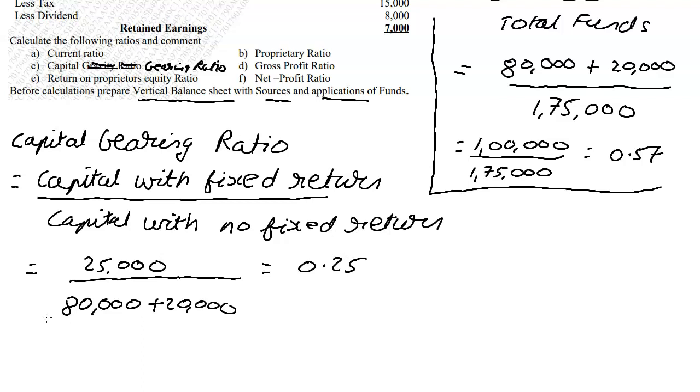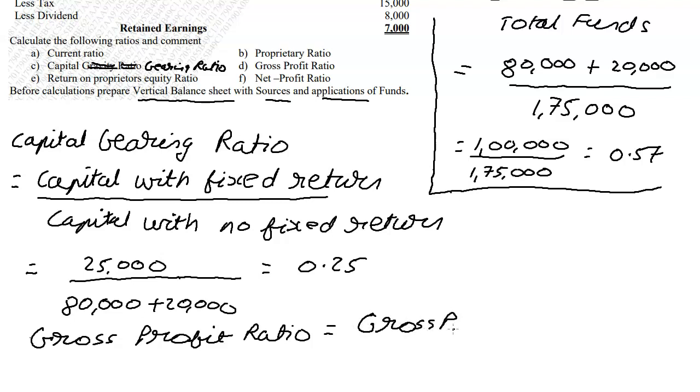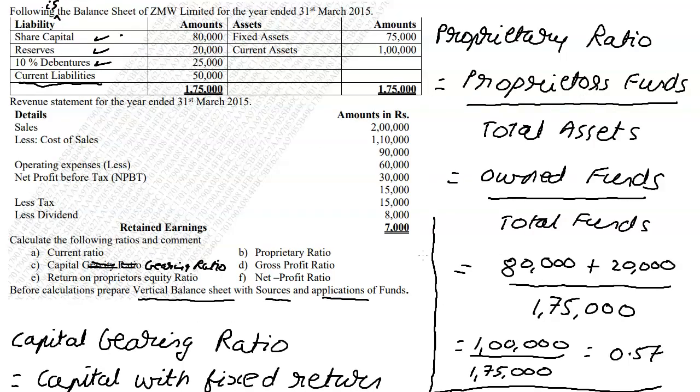And now we can go ahead and calculate the gross profit ratio. Keep in mind, gross profit ratio is equal to gross profit upon net sales into 100. And do we have it given to us? Gross profit is over here.